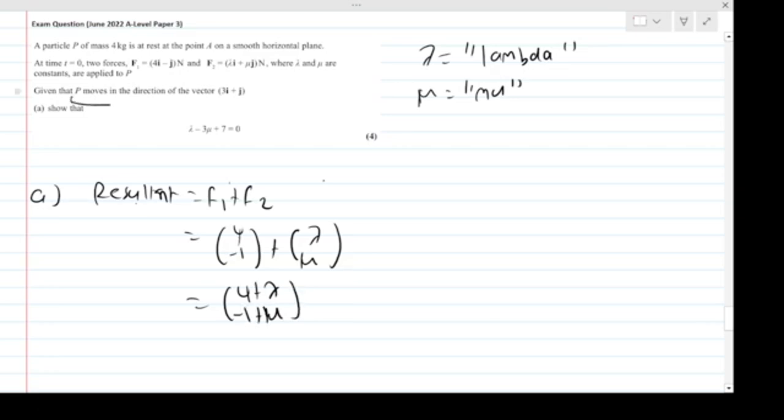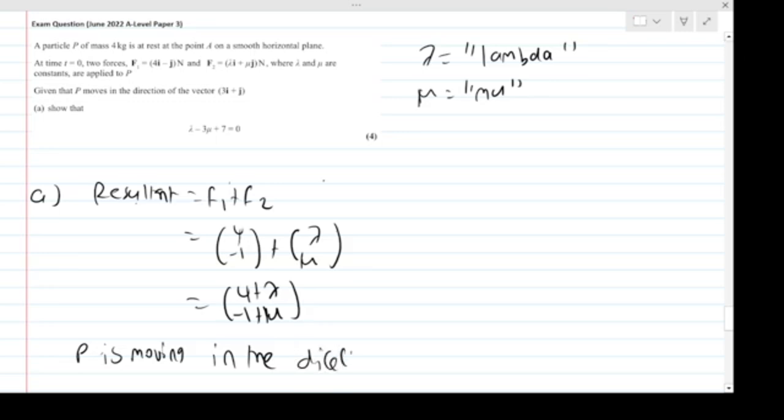We're told that the particle P moves in the direction of this vector. Now, the resultant force is where it's going to move to, isn't it? If that's the overall force, that's the direction P is going to move in, because that's the overall force pulling P. So P is moving in the direction of the resultant force.